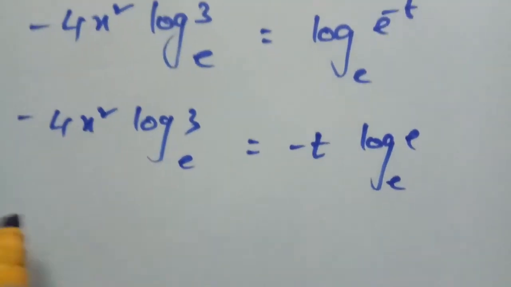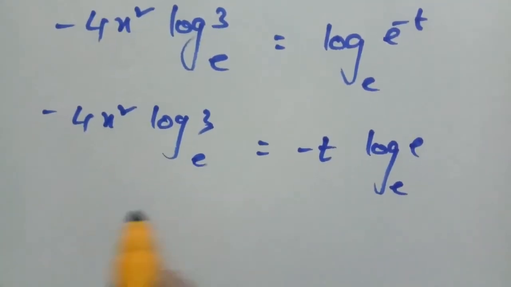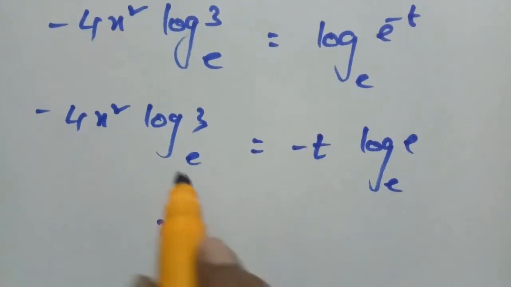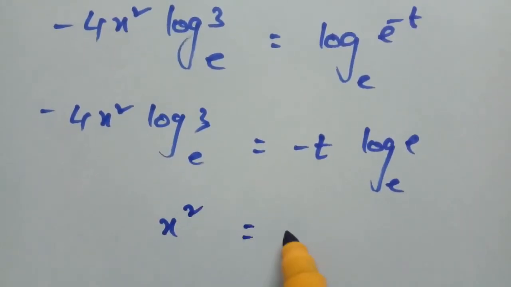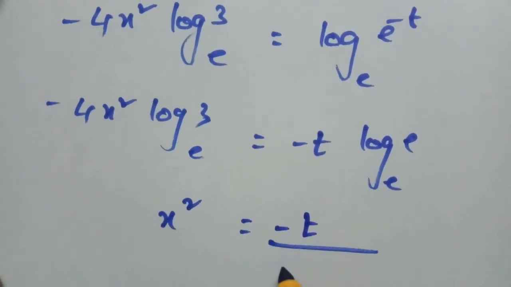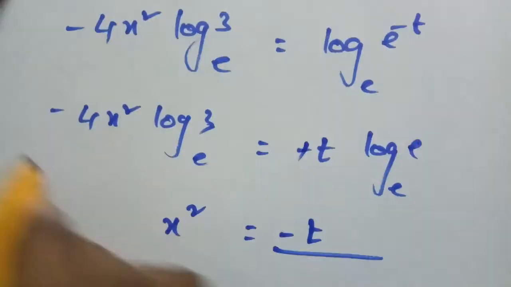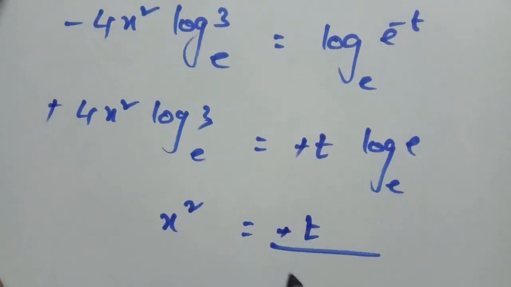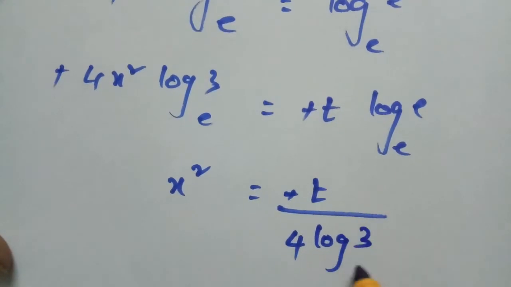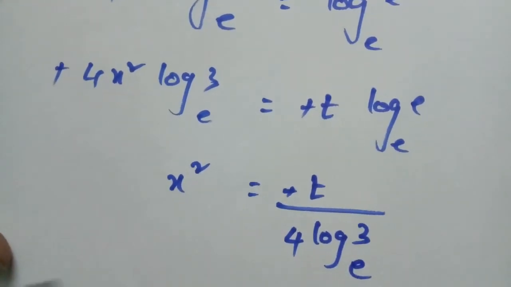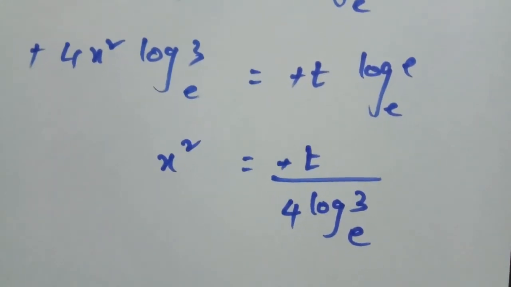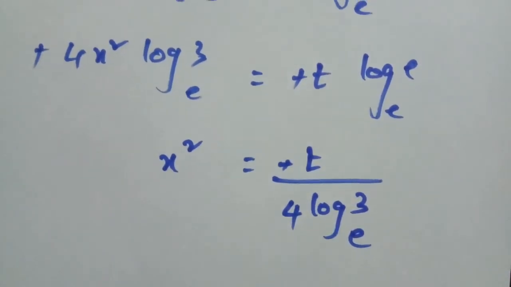Therefore, this can be written as x square is equal to minus t by minus 4 log 3 base e. The minus gets cancelled, so x square is equal to t by 4 log 3 base e.